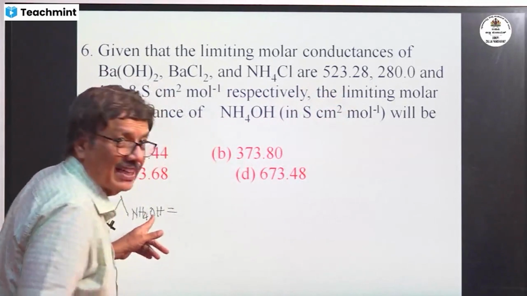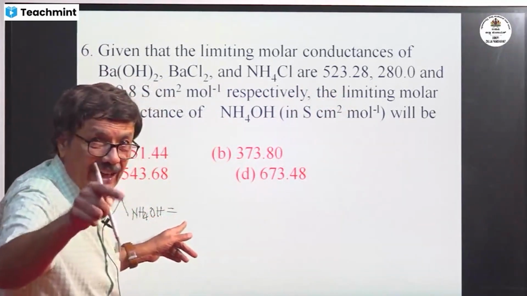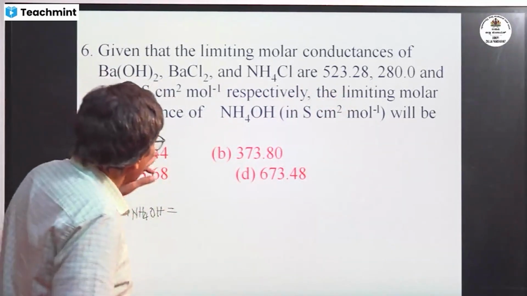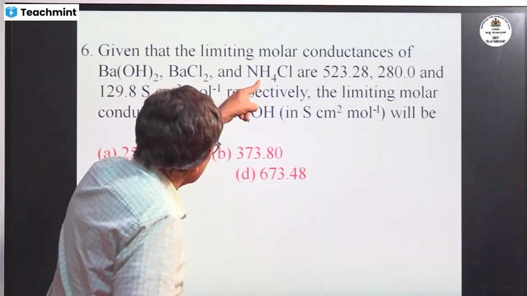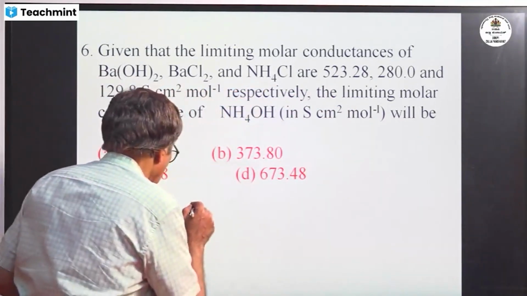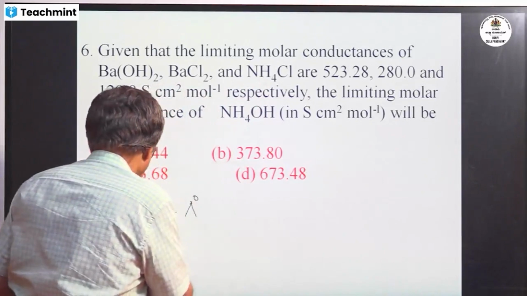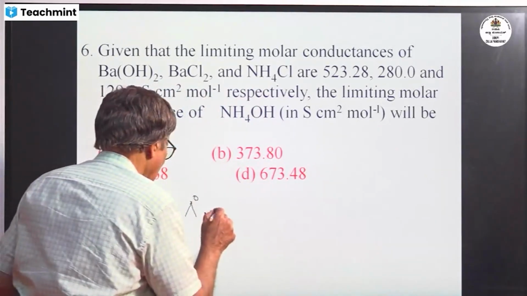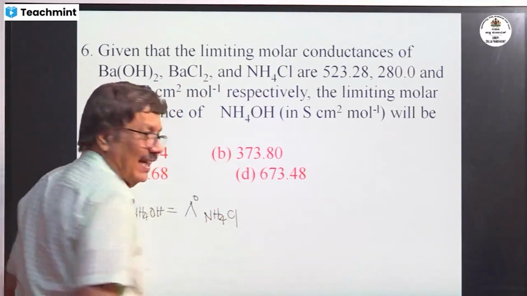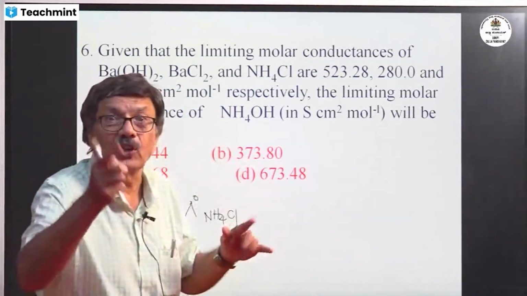Ammonium hydroxide has ammonium ion and hydroxide ion. For ammonium ion, it is in ammonium chloride, lambda naught of NH4Cl. Right? Ammonium ion came. We don't want chloride ion.